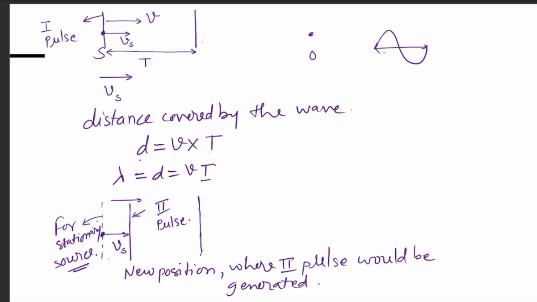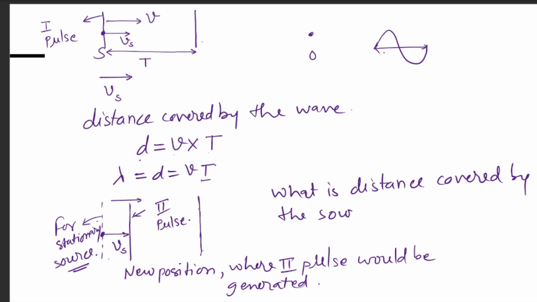Here is the time period. Now the question is, what is the distance covered by the source? Distance covered by the source, ds is equal to vs into T. Why am I taking capital T? Because until the second pulse is generated, the source is covering a certain distance.